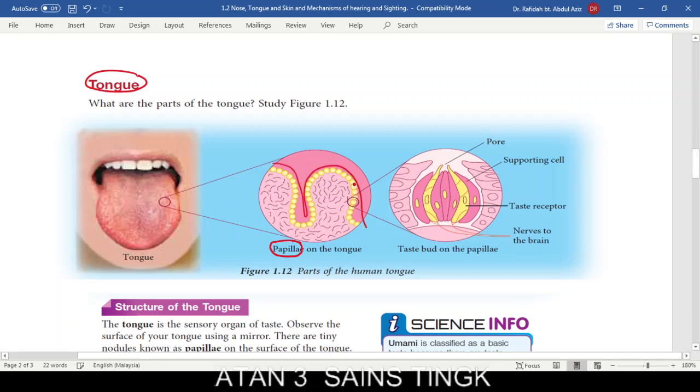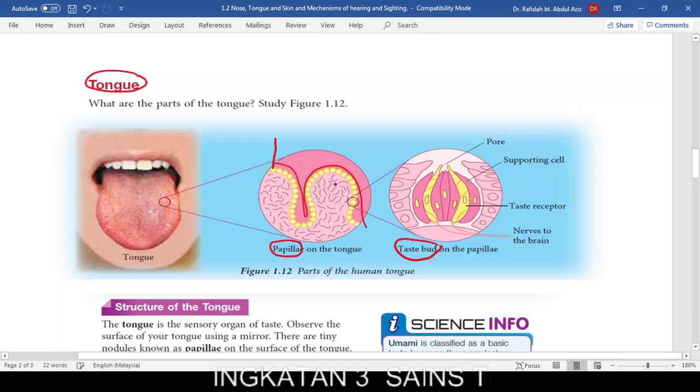On the surface of this papillae, colored yellow, there are small circles. Every yellow circle here is what we call a taste bud.